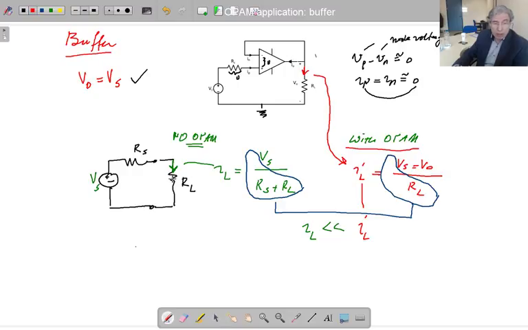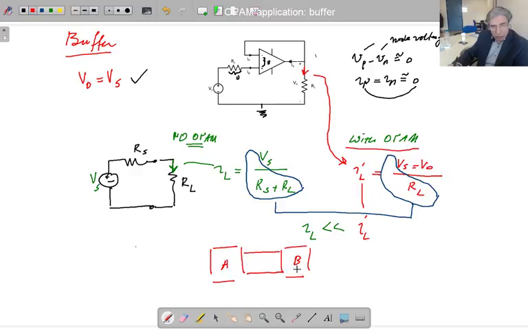Why do we need that? Let me draw a circuit A and circuit B here, connected in cascade, we call it. Cascade connection means the output of this circuit is the input of B. If it is so, then it is called cascade connected.